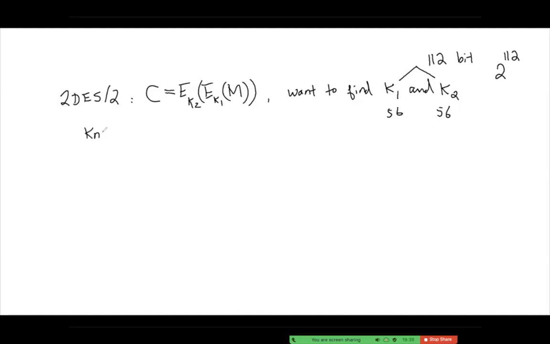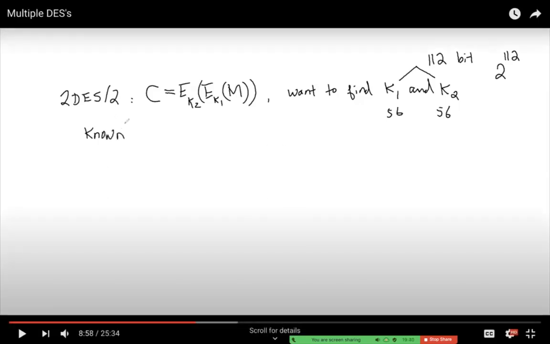Professor? Yeah. Are these K1 and K2 the same as the Ks that were generated for the previous algorithm to create the different XORs, or are these different Ks?